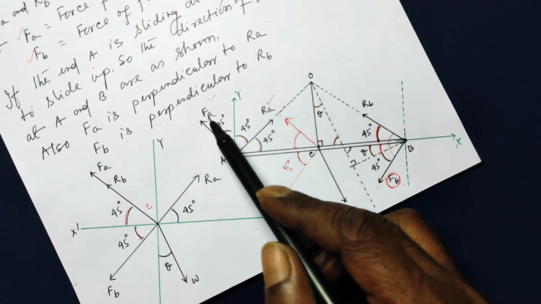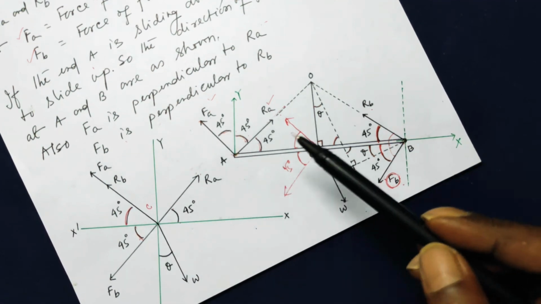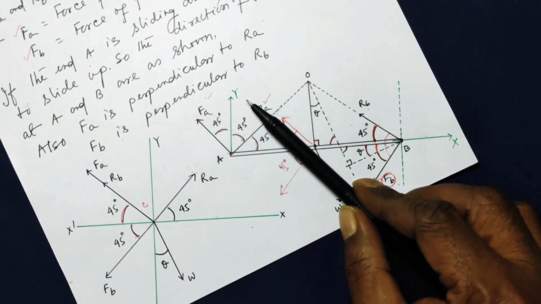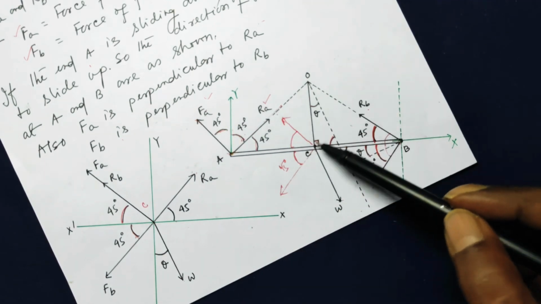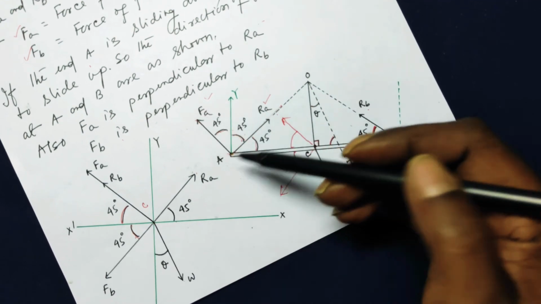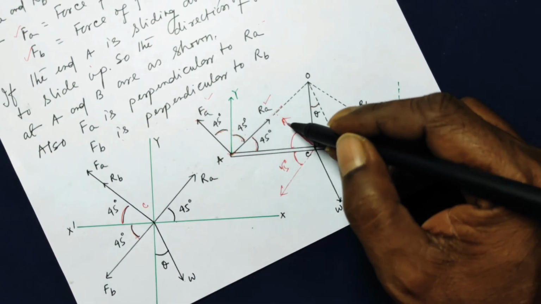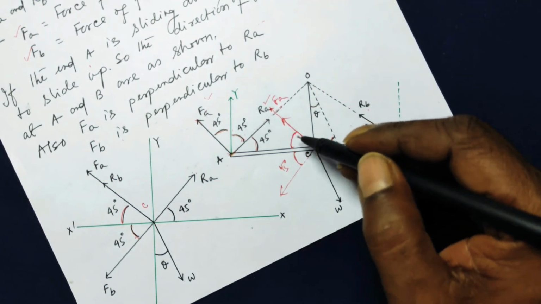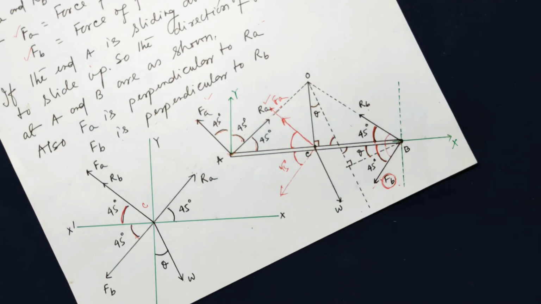Similarly, FA, the force of friction at A, if you shift it parallel to itself and show it at C, will be in the same direction, making this angle 45. So we have shifted the different forces to point C so that we can resolve them into their horizontal and vertical components.